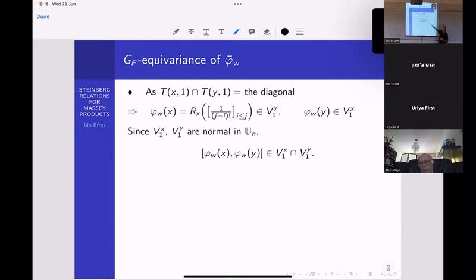Now, these two, the commutator is in both normal subgroups.